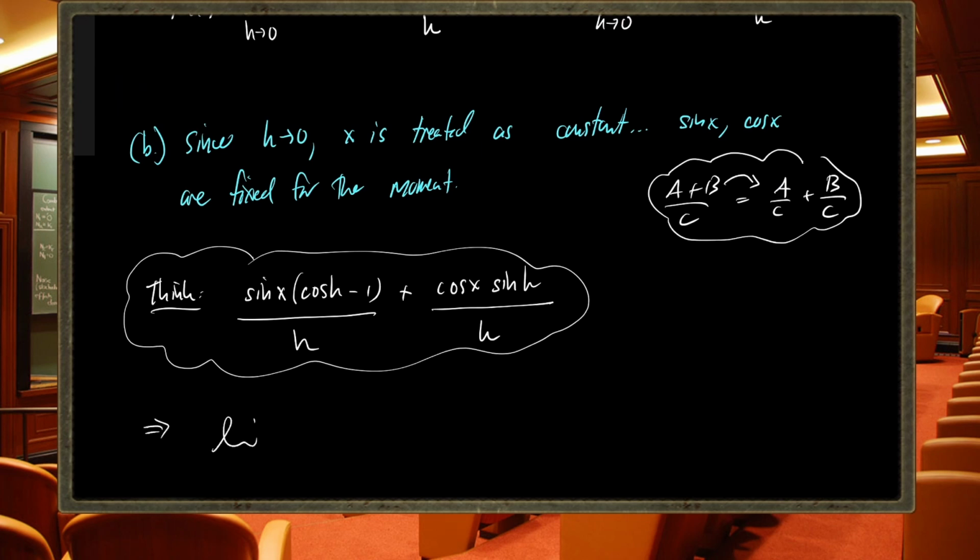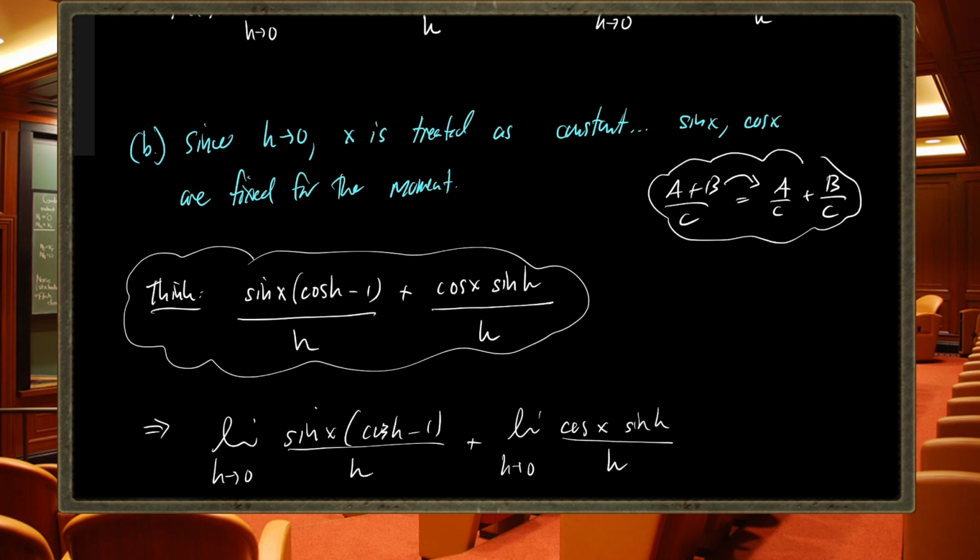So this tells us that the limit of all this as h goes to 0, sine x cos h minus 1 all over h plus cos x, plus the limit as h goes to 0, cos x sine h all over h.